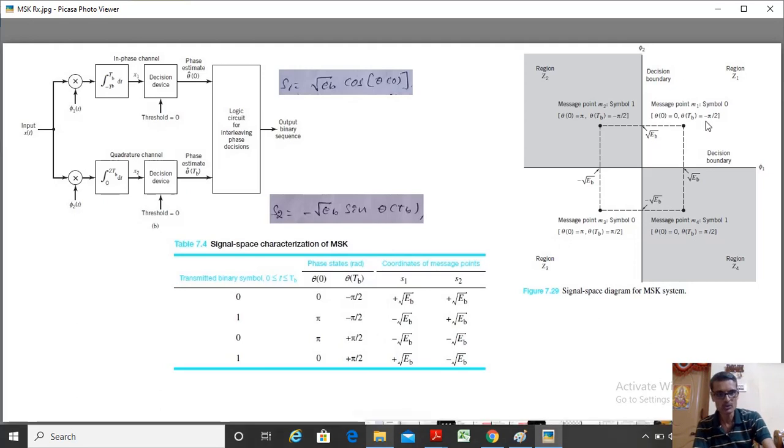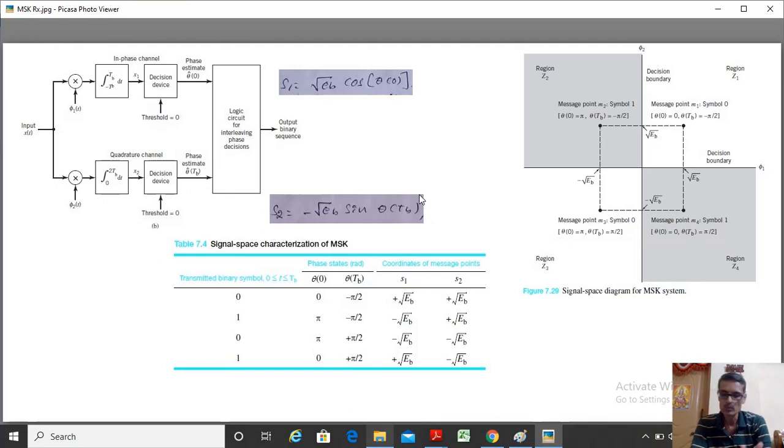So based on the values, referring to this signal space diagram and using these circuits, we can very easily estimate the binary numbers. If this is pi and plus pi by 2, the symbol will be taken as 0. If this is 0 and plus pi by 2, the symbol will be decoded as 1.